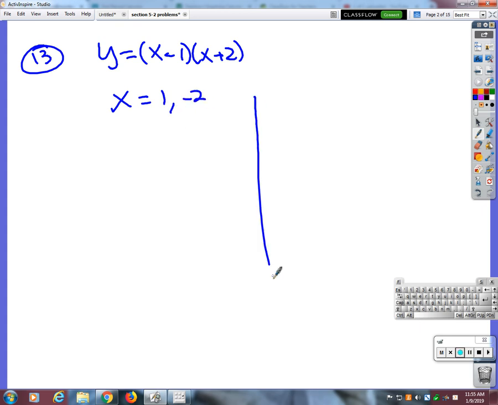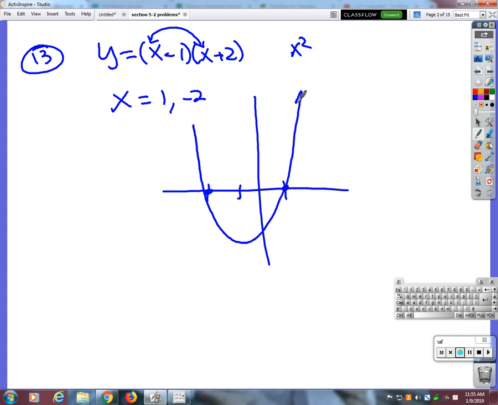Okay, so that means I know that it's going to cross the x-axis at 1 and at negative 2, right? So then if I just multiply these first two terms together, what do I get? X squared. And so since that's positive and even, or since we just know it's going to be a parabola, it's going to be up and up. So a rough sketch of the graph would look like that. Okay?